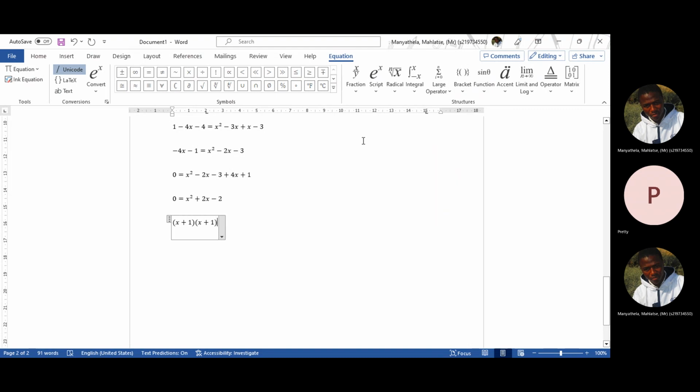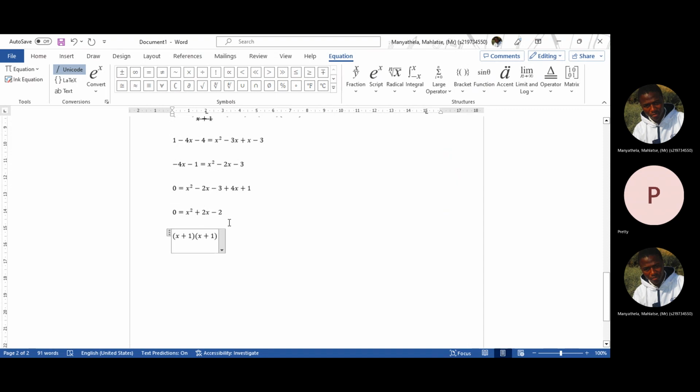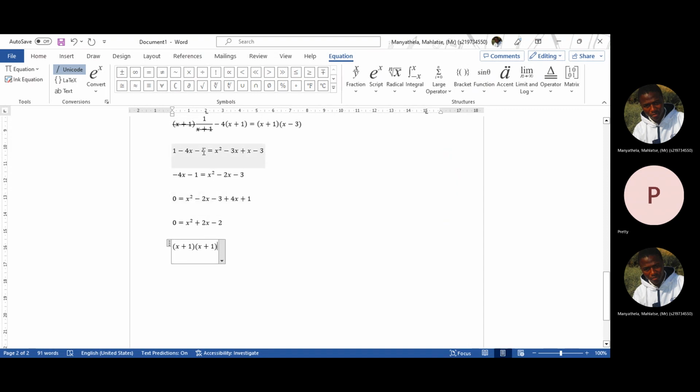It doesn't give minus 2. Something x squared minus 2x minus 3, about plus 4x plus 1. Okay, I see where the problem is.